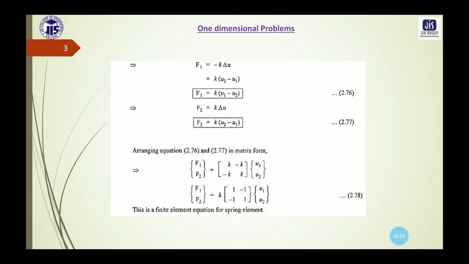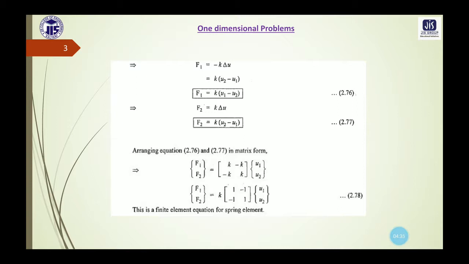Now if we write these two different equations 2.76 and 2.77 in the matrix form, then we can write as the force vector and the column matrix of F1 F2. This is equals to a symmetric matrix of K, which is K, then minus K, then minus K and K. This is a symmetric matrix multiplied by a column matrix of the nodal displacements, which are U1 and U2.